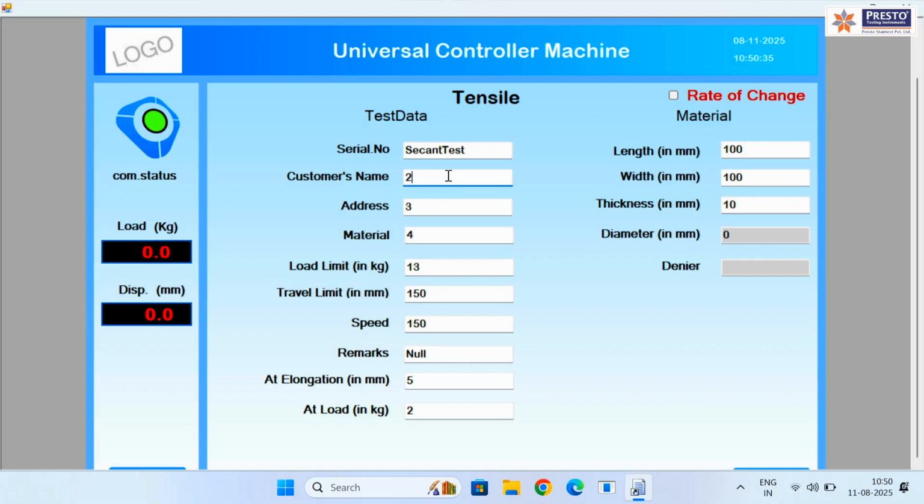Right now we are performing the tensile test at the failure mode, and I will be setting the customer name, the address, and the material we are using, O-ring. You can write anything else you want.